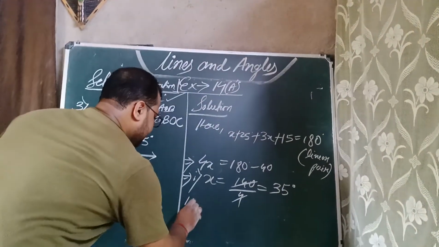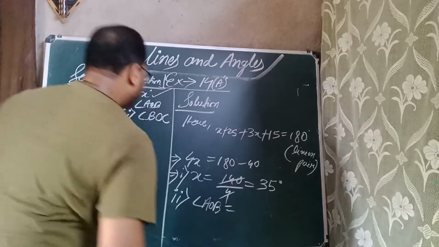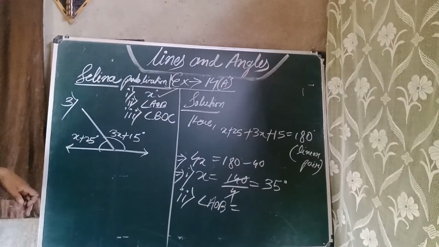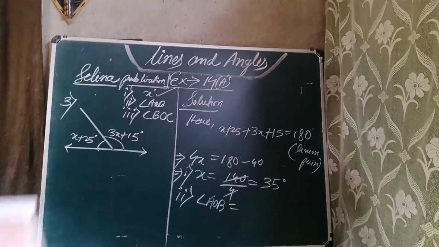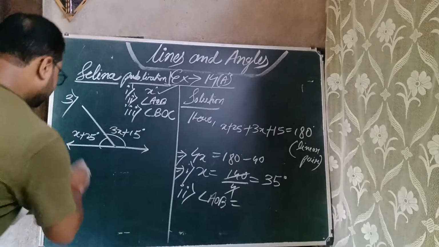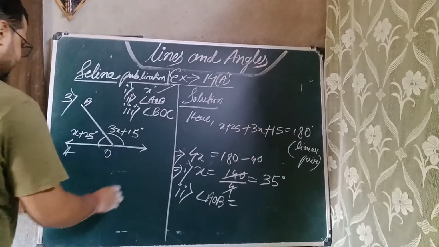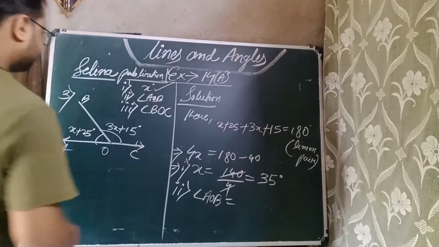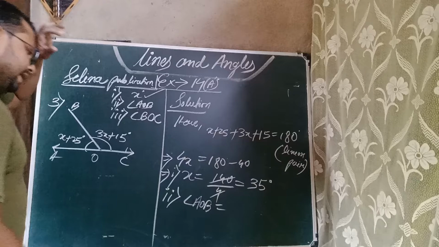Angle AOB, second part. How much is AOB? AOB is this. A, O and B. And this is COB. Okay, students. So AOB is x plus 25.